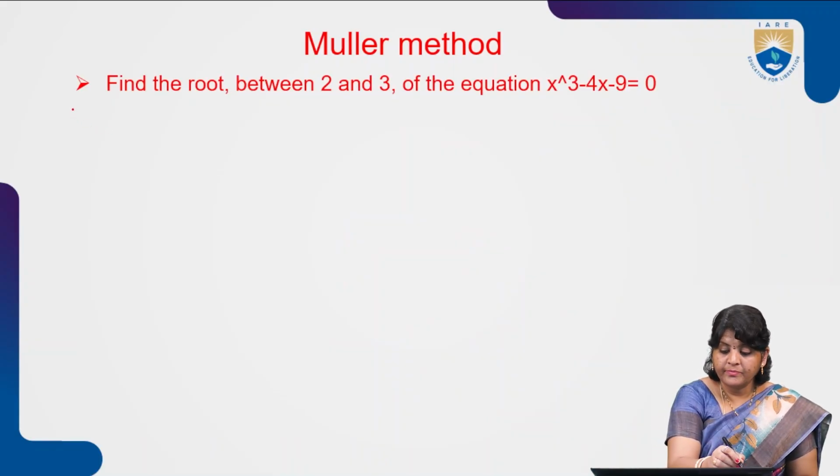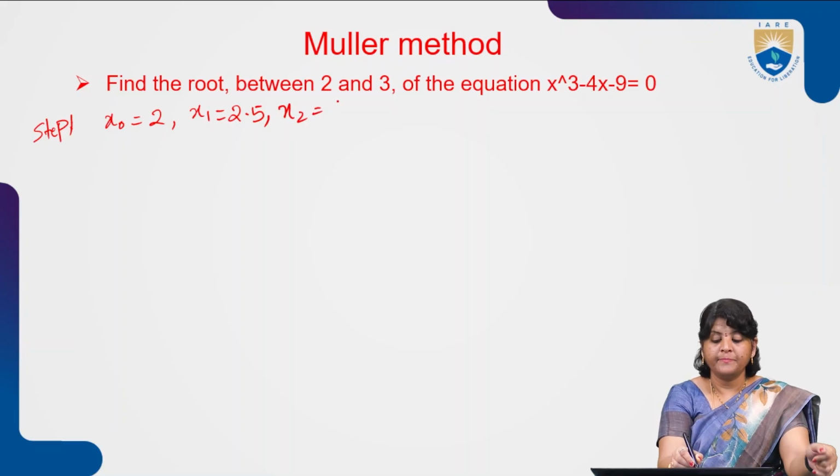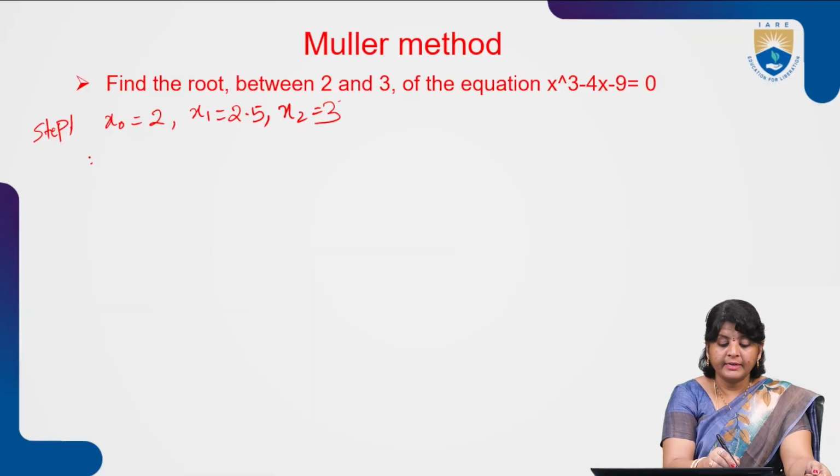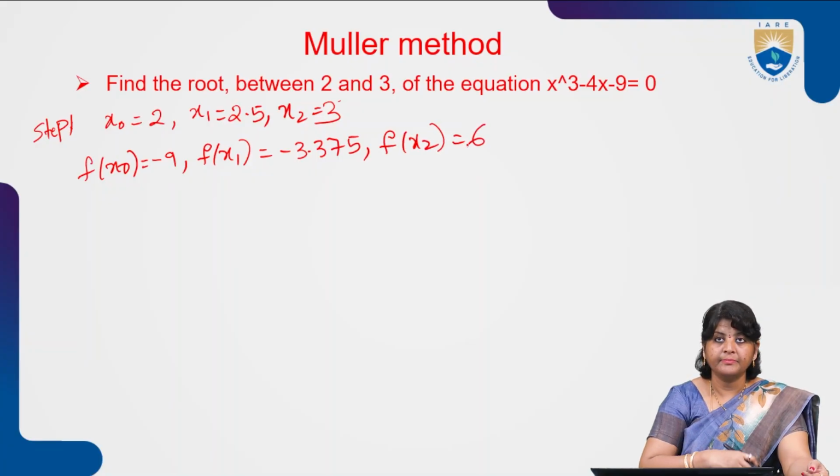So here we will recap the steps. Step 1: x0 is 2, x1 is 2.5, x2 is 3, and we calculated f of x0 as minus 9, f of x1 as minus 3.375 and f of x2 as 6.